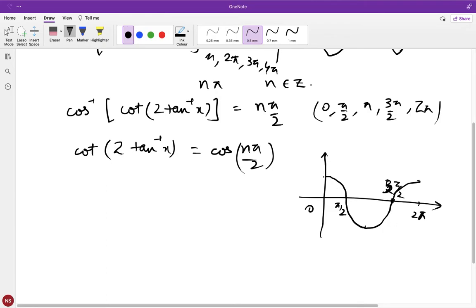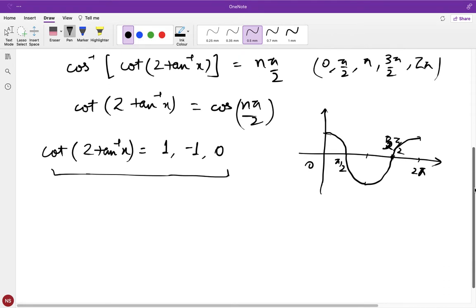So as we can see, the values that this will take at 0, pi by 2, pi, 3 pi by 2, 2 pi are either 1, or minus 1, or 0. At 0 it is 1, at 2 pi it is 1, at these values it is 0, and at this value it is minus 1. So that's it. These are the values of cot of 2 tan inverse x.